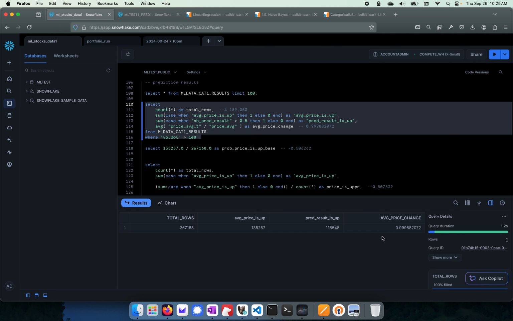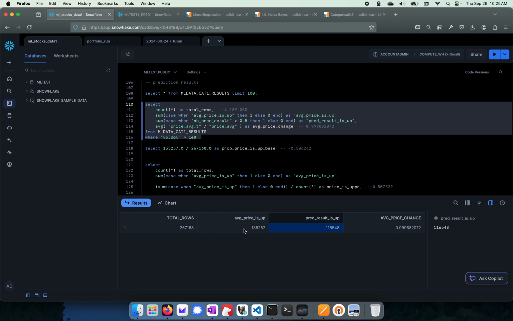Of course there were some bear markets happening then, so we see that the average price change is less than 1. So stocks on average have gone down within those years, and this is out of all the 7,700 stocks, right? We're not looking at the S&P 500 index here. We're not looking at the top 500 most valuable companies in the market. This is for the entire market as a whole.